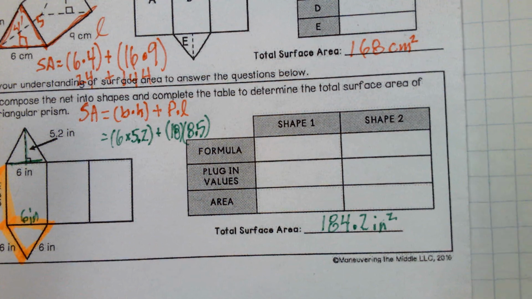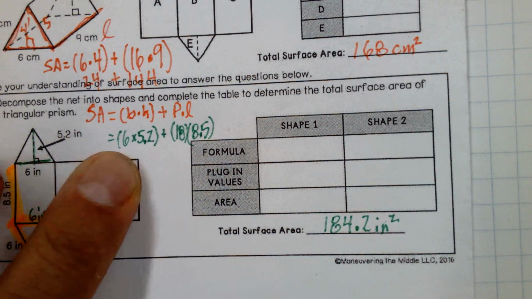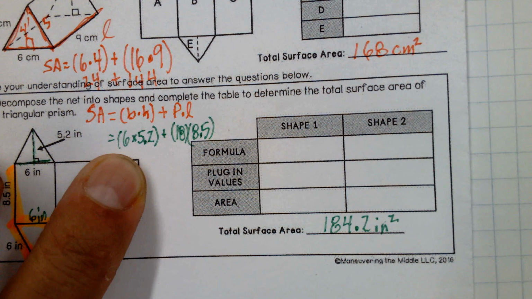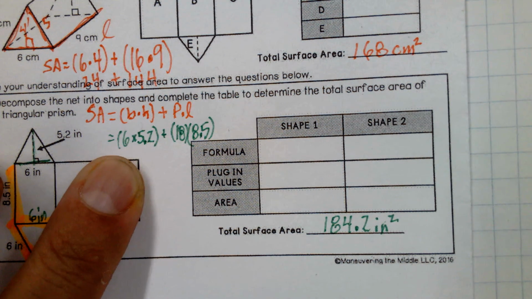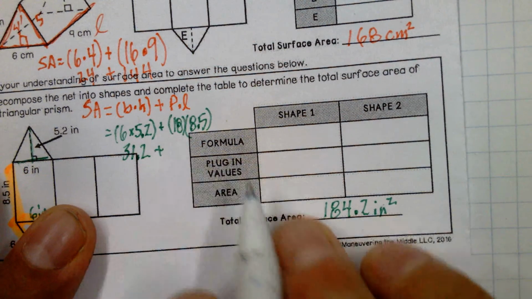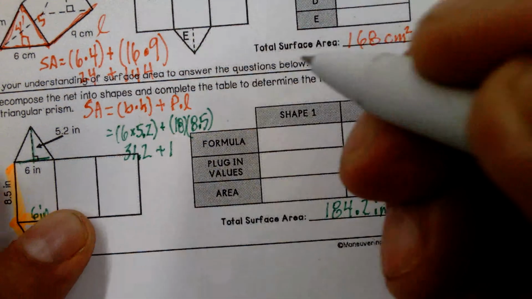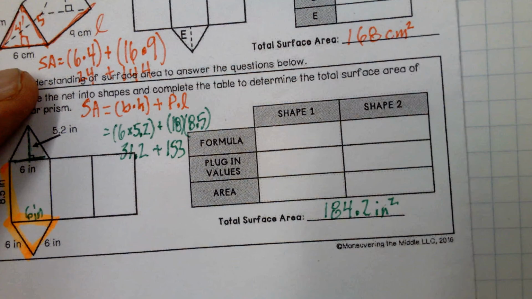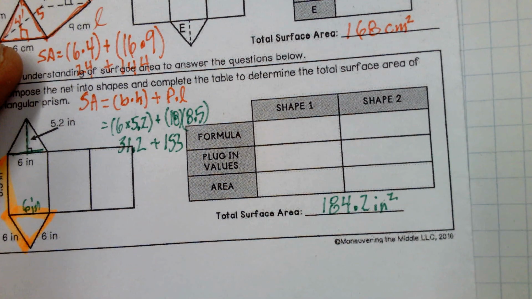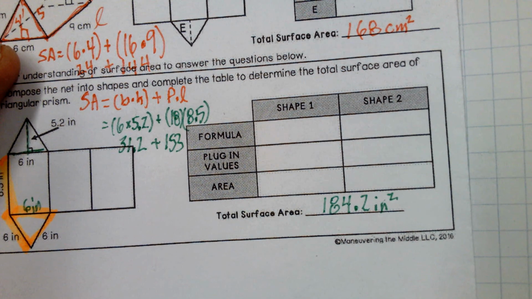If you do it correctly, this was 31.2. And how about 18 times 8.5? That was 153, and so that's how we got that 184.2 square inches.